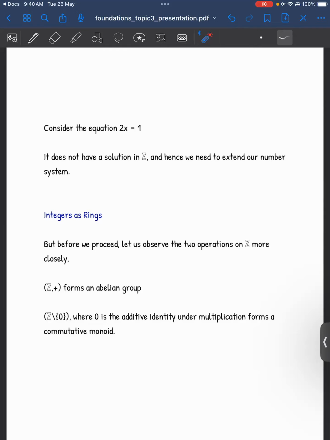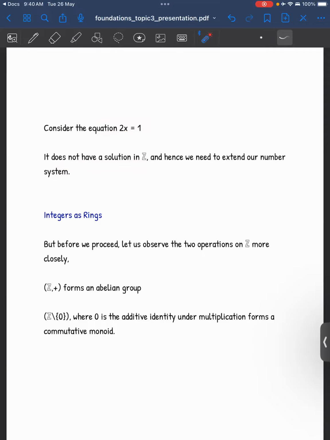The reason integers without 0 under multiplication do not form a group is because the integers do not have inverses under multiplication. So let's see this in more detail, and this will essentially motivate the construction of rational numbers. If you look at the equation 2x is equal to 1, this does not have a solution in Z. In particular, you cannot put any integer in place of x such that 2 times that integer becomes equal to 1.